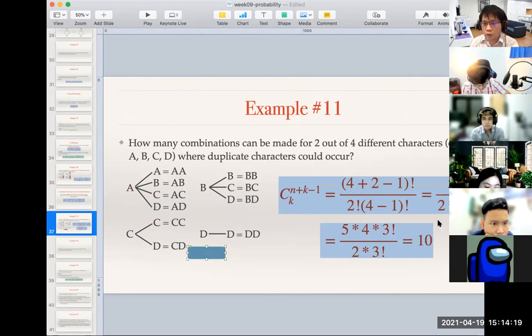So it ends up with 10 possible combinations. Let's check using the previous combination formula. We insert 4 plus 2 minus 1, choose 2, which is 5 factorial divided by 2 factorial times 3 factorial, and the final result is 10.